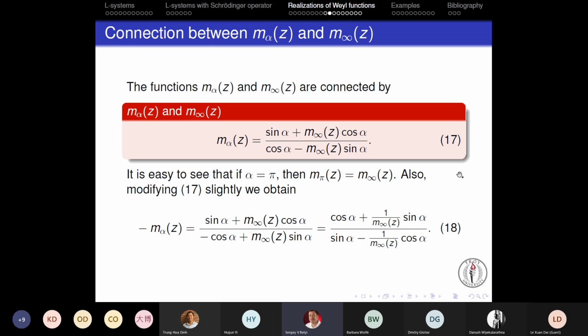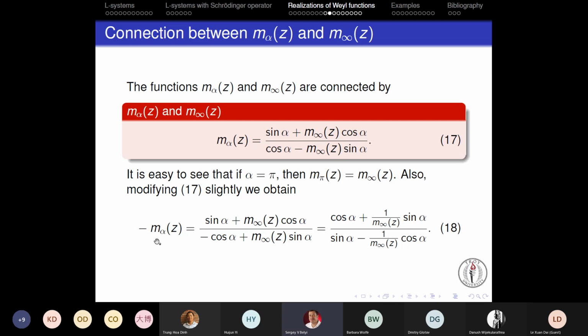So what we do is, for our purposes, since we don't work with functions M directly, they're not Nevanlinna, they're kind of anti-Nevanlinna. We'll throw a minus up front and modify this linear fractional transformation.